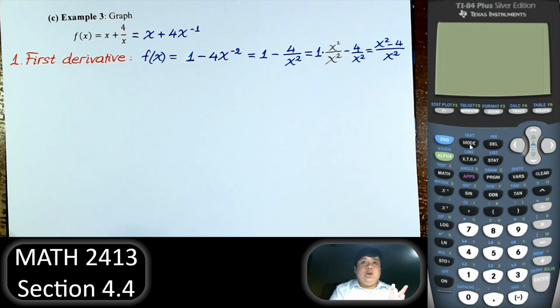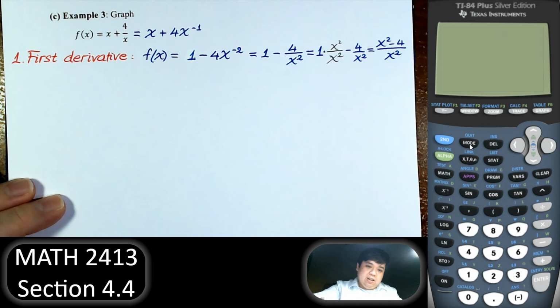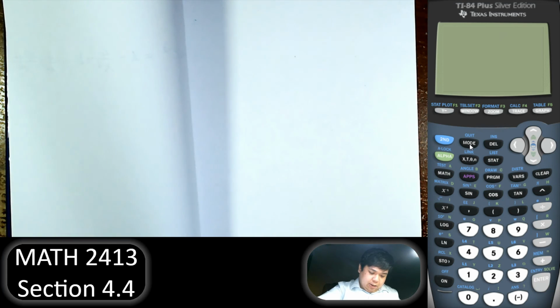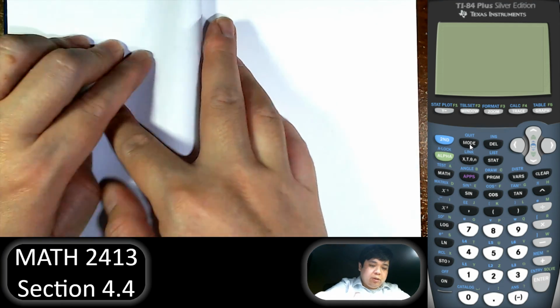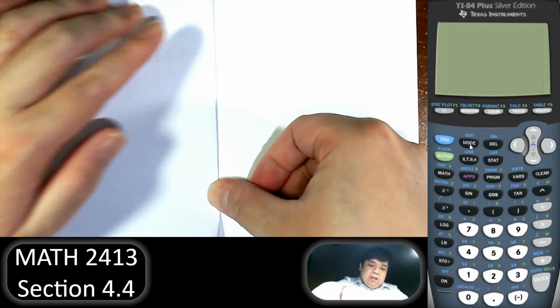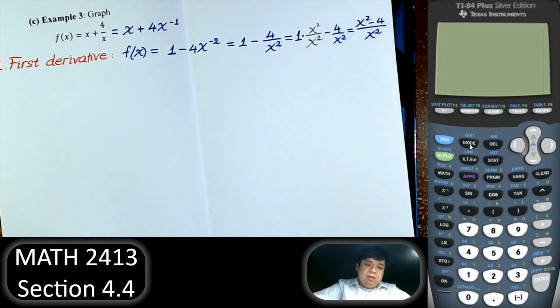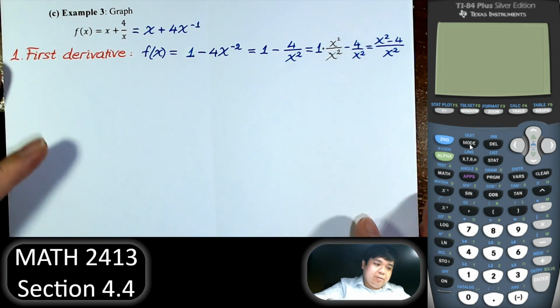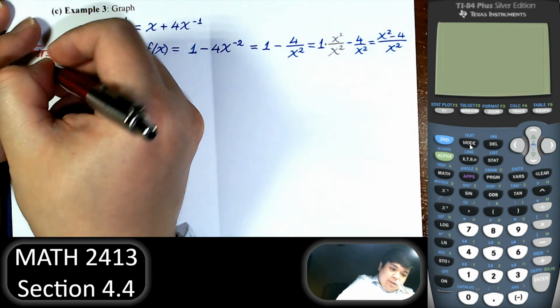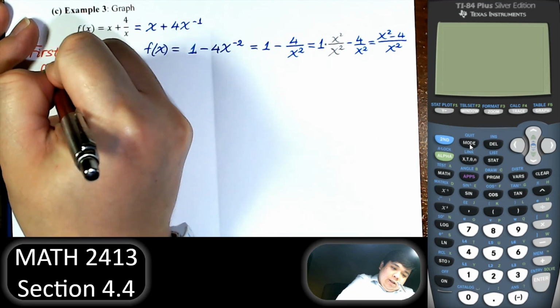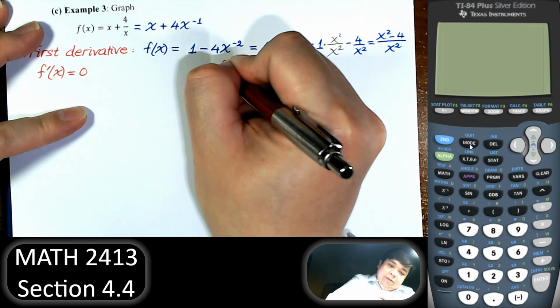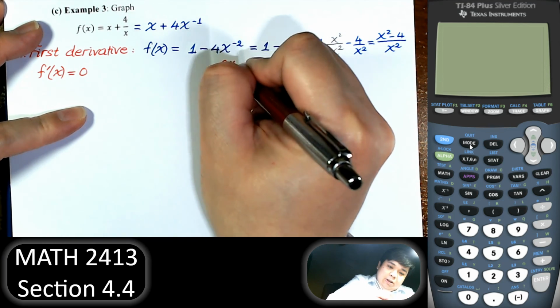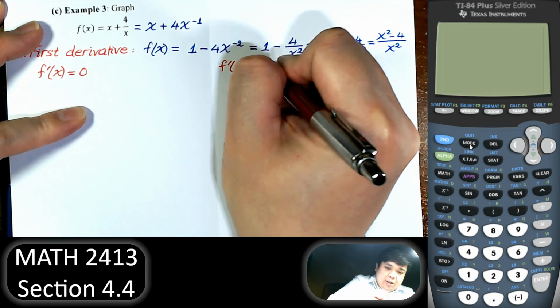And now we let that equal to 0, or does not exist. Equal to 0, derivative does not exist.